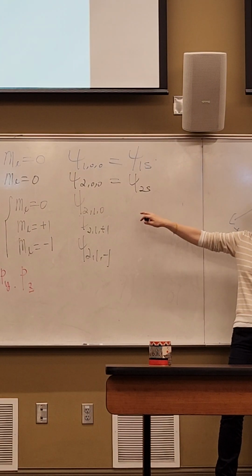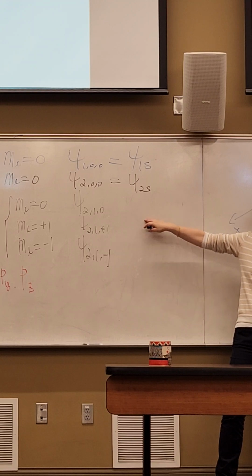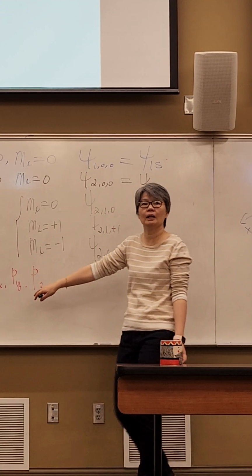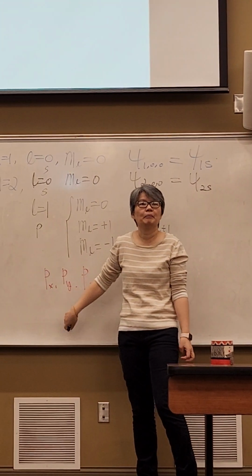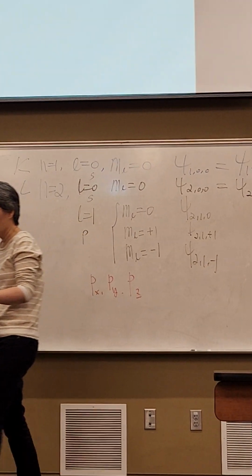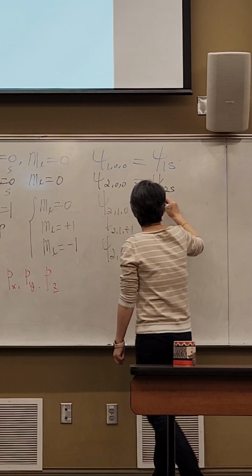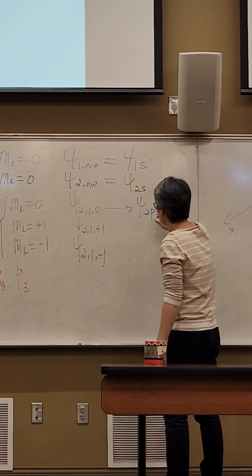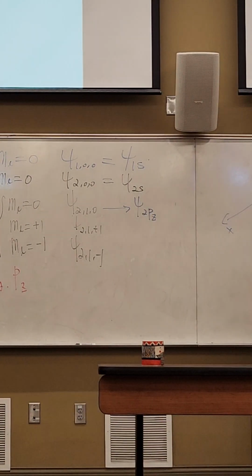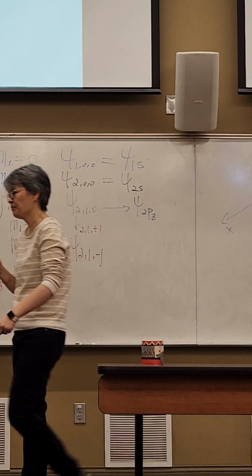I have an exact mathematical expression for each one of them, but how am I going to correlate to the px, py, and pz? The correlation, guys, is a little trickier. So when the m sub l equals 0, the 2, 1, 0 is a direct correlation to the 2pz.